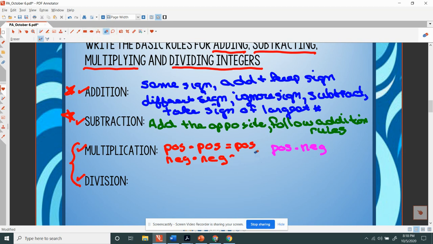This should say positive. Let me fix it. Same sign, it's positive. Different signs, it's negative. So a negative times a positive equals a negative.